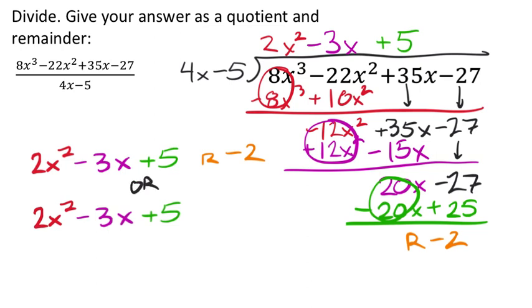Sometimes it'll just say, include the remainder in the expression or however that is done. Now, since it's a negative 2, unlike the last one, we could write this as negative 2 over whatever the denominator was, which was 4x minus 5. But like you've seen, you can make that a plus sign right there with a negative 2. Either one works. It really just depends on how you want to write it. But I believe the assignment actually will accept both of those.